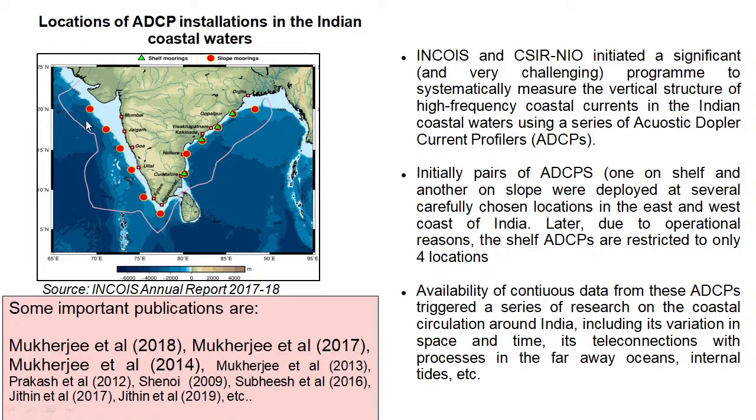In fact, for all the locations there were shelf and slope moorings, but this was restricted only to the east coast later due to operational reasons. But with these observations, right from 2008, we have quite a good amount of data which describes the vertical structure of the coastal currents.